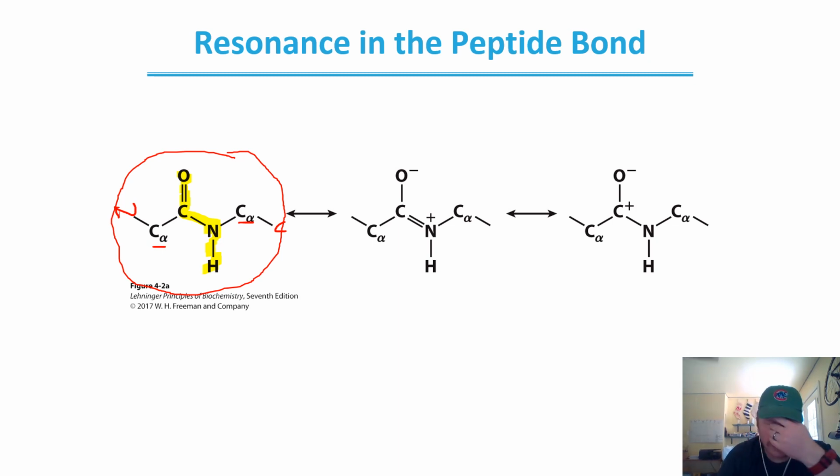Now we have resonance stabilization with that, where we can ultimately have a -1 charge on our oxygen and a +1 charge on our nitrogen, or a carbocation with that positive charge on our carbon and a -1 charge on our oxygen.